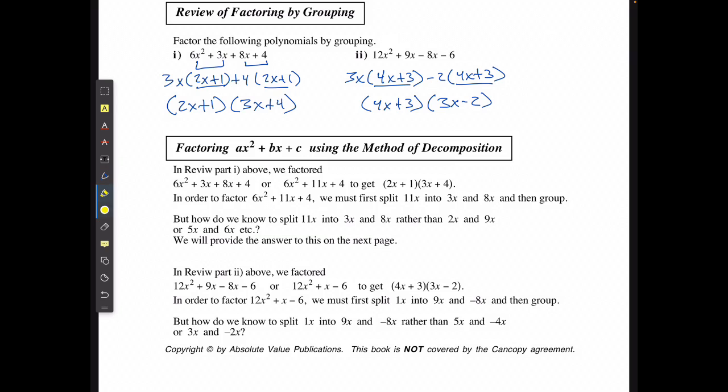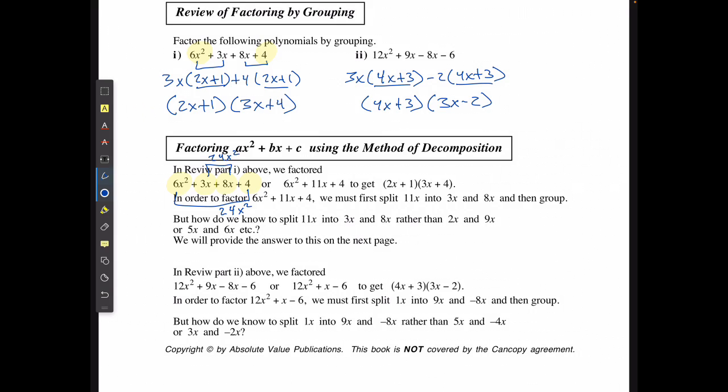one of the interesting things, if I take a look here, and I have the 6x squared and 4, like I had up here, when I multiply those two terms, I get 24x squareds. If I take the two terms that x is split up into, and I multiply them together, I get 24x squareds.